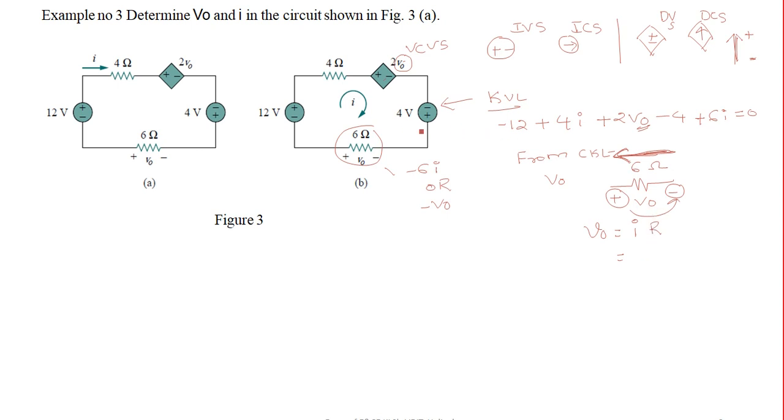What is the current? Current is I. It is approaching the negative terminal. So I can write minus I times 6, or V0 will be equal to minus 6i, right?